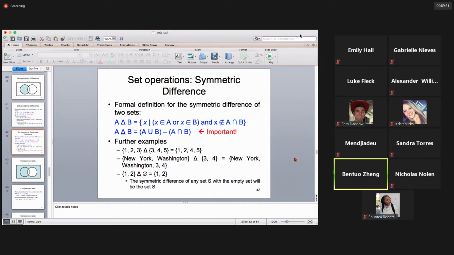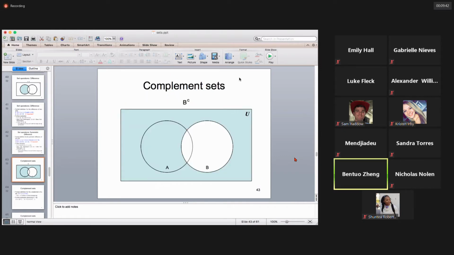Next we talk about the last set operation. This is the complement of a set. If we have set B, what is the complement of B?